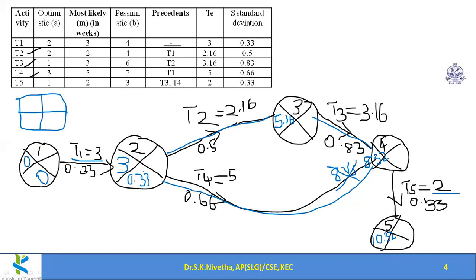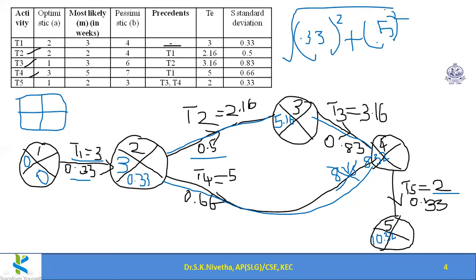Now for this. Adding standard deviations is not the normal way. 0.33 plus 0.5, in that way we cannot add. So how do we add? 0.33 whole square, can anyone calculate this, plus 0.5 whole square, then take the square root. So what is the value?